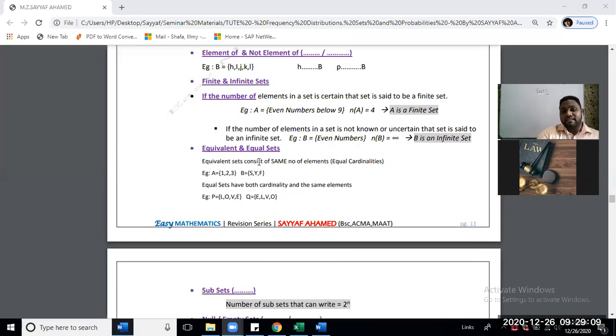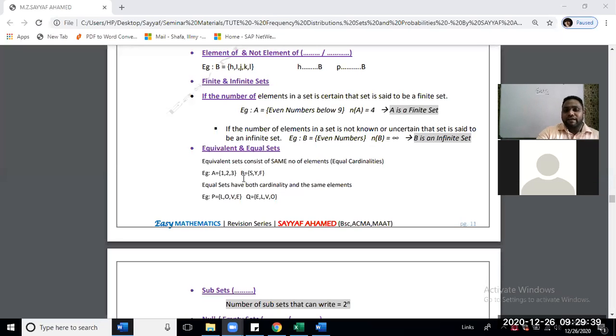And the equivalent set and equal set, most of the students get confused with this, right? Equivalent set and equal set are completely different ones. Equivalent set meaning it consists of the same number of elements. Now say for example, if you look at the example given on page number 11, A equals {1, 2, 3} and B equals {S, Y, F}, right?